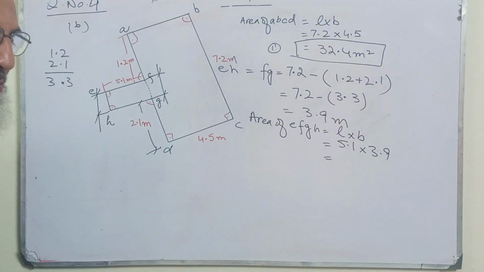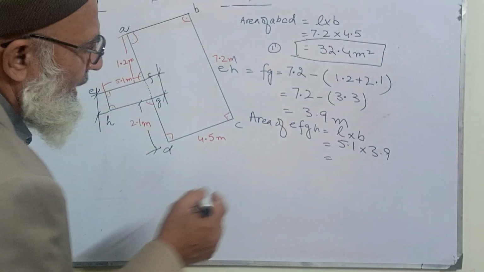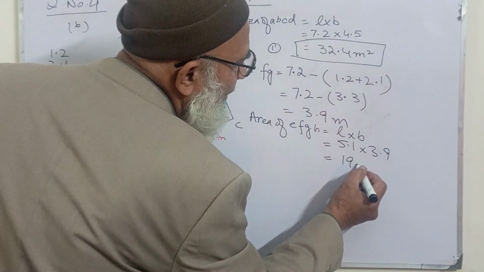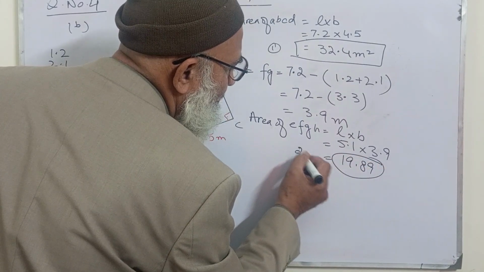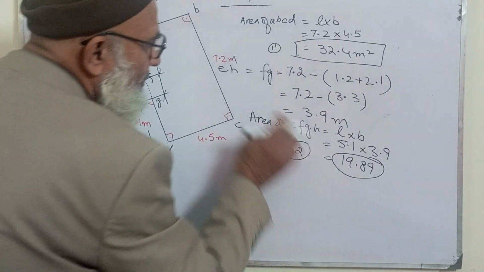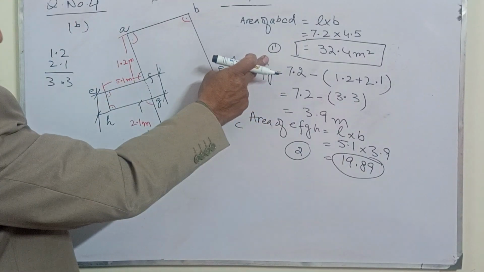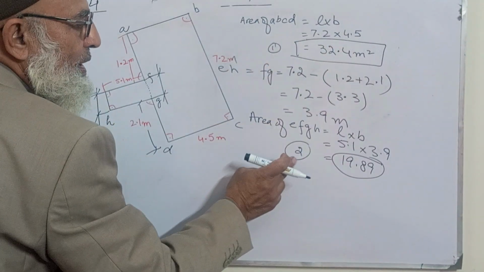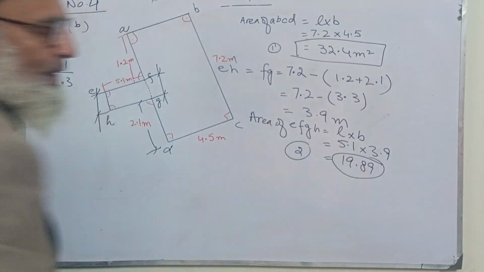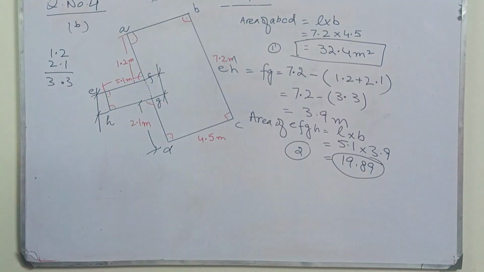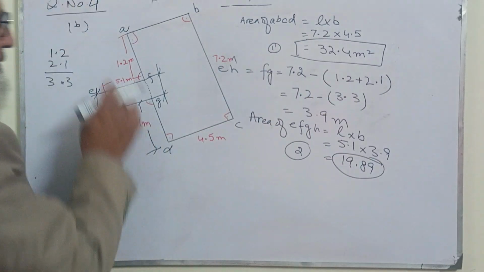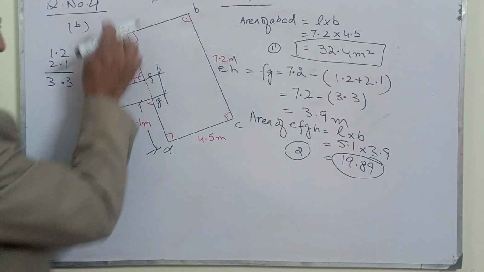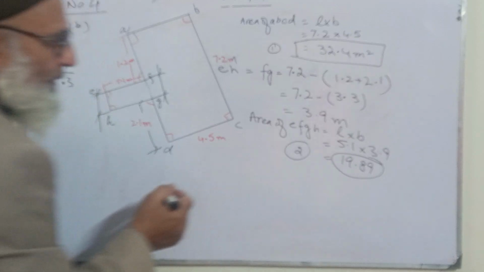It is equal to 19.89. This is your answer number 2. So first was 32.4 and second is 19.89. We'll just sum up these two answers, number 1 and number 2, and we'll get the area of the whole figure.